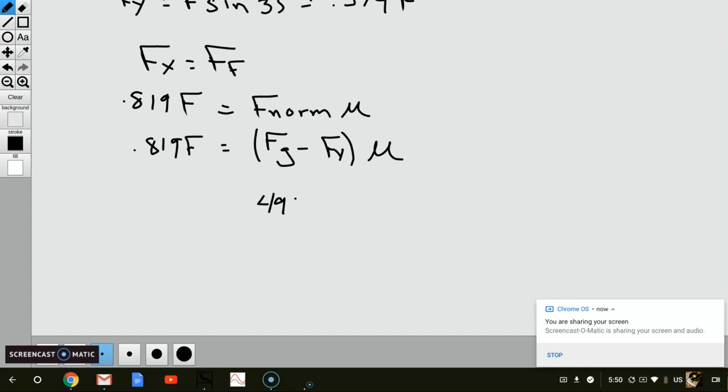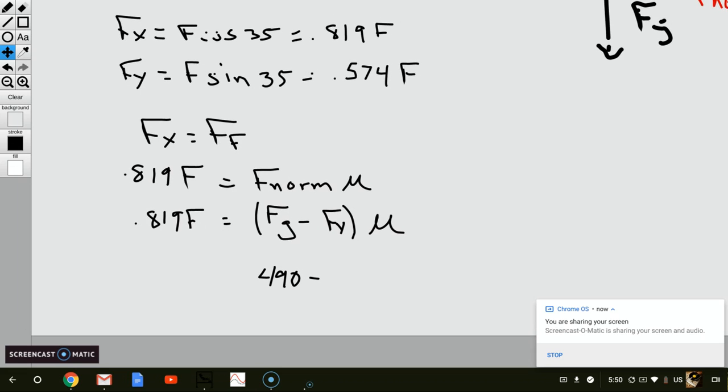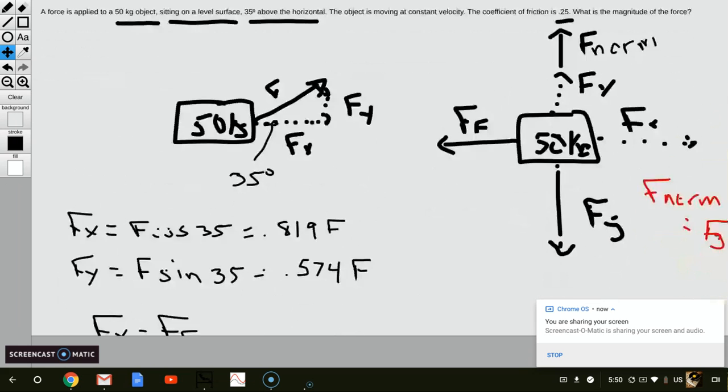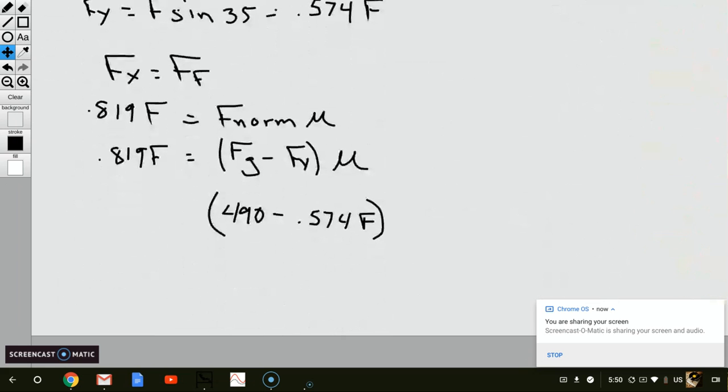So this is 490 minus Fy, which we just figured out was 0.574 F, times our coefficient of friction, 0.25, and that's equal to 0.819 F.